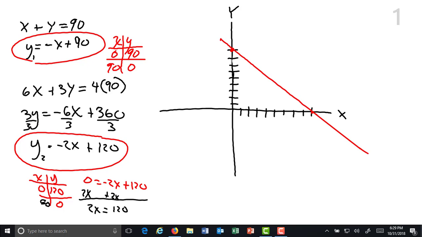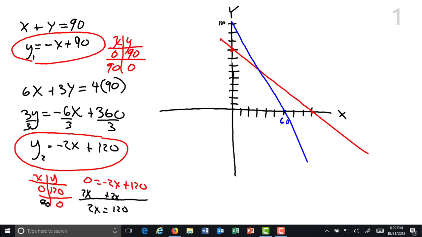But we have to go up to 120 here: 90, 100, 110, 120. That's the 120, so that would be for line 2. But for the other one, when y is equal to 0, x is 60: 10, 20, 30, 40, 50, 60. So that line is going to look something like this.